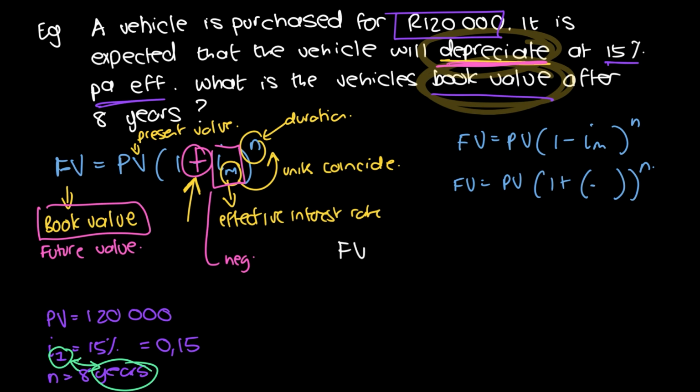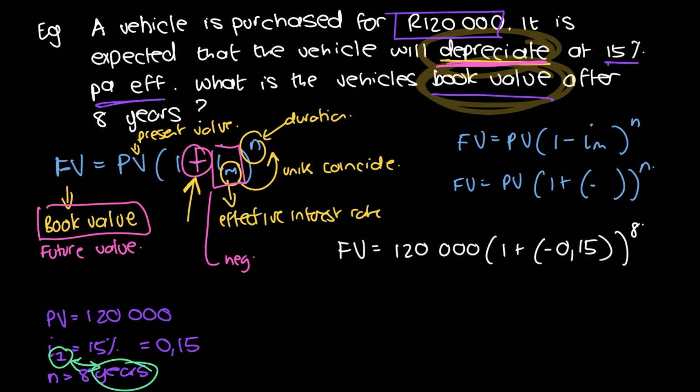So now we can just go ahead and put it into our formula. So we're going to have the future value is equal to 120,000. And in my head, I just go 1 plus, and because it's depreciation, it's minus 0.15, to the power of 8. So I just automatically go, hey, this depreciation is negative.